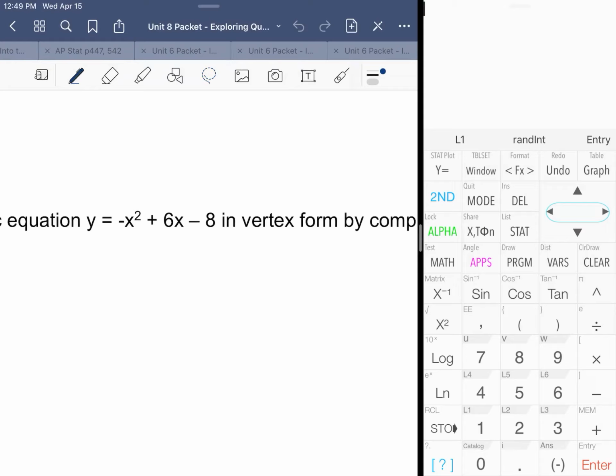All right. So this one I won't need the calculator for, but I'll have it out anyway. So first thing I'm going to do is add 8 to both sides. Vertex form, just a side note, same as standard form.